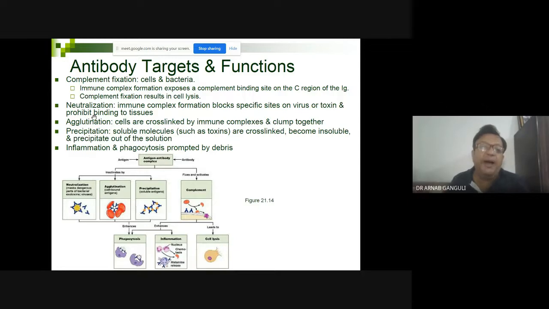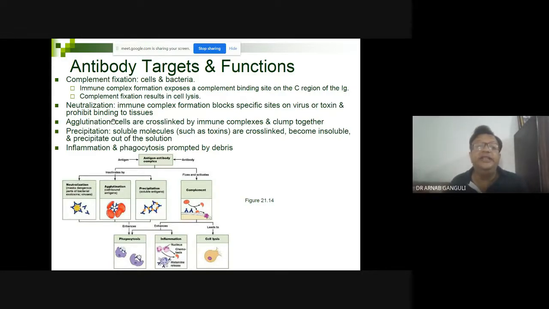The next function of antibody is neutralization. The immune complex formation blocks specific sites on the virus or toxin and prohibits binding to tissues. When all the antibodies bind on top of this antigen, the virus or bacteria cannot go and bind to other cells because it has been coated by the antibodies throughout.